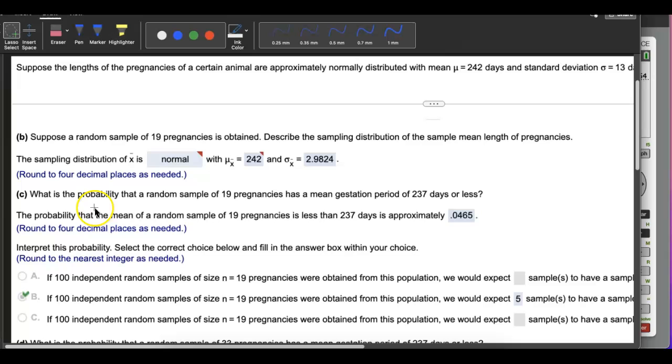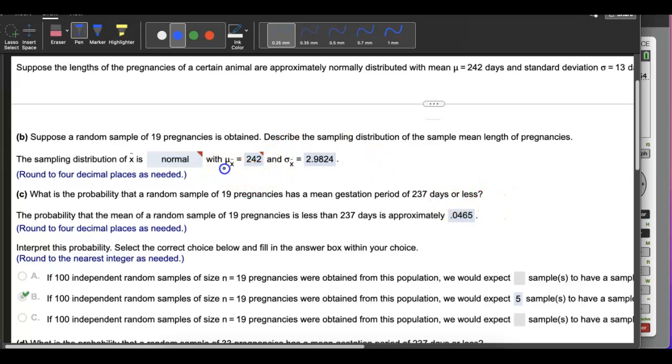For instance, in part C, what is the probability that a random sample of 19 pregnancies has a mean gestation period of 237 days or less? Because the sampling distribution of x bar is also normally distributed, we can treat this problem as another normal CDF type problem where we're calculating the area under the normal curve.